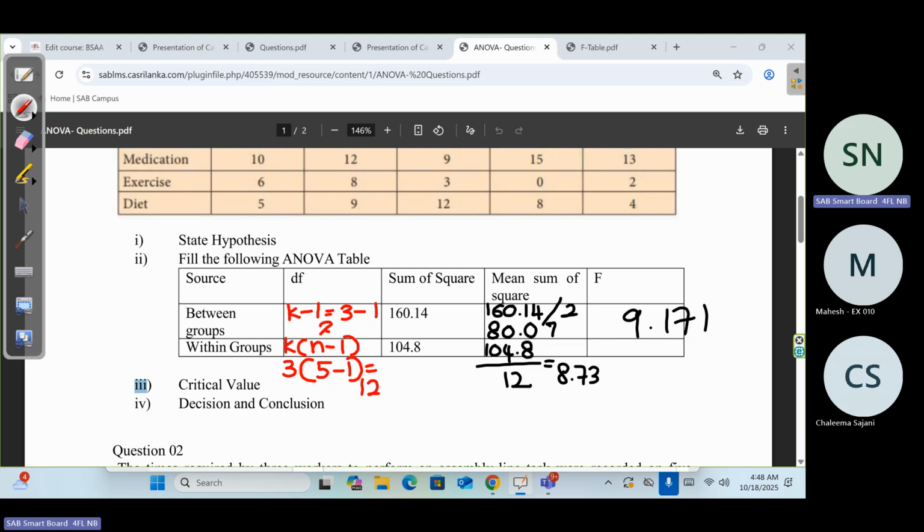Then you can get the F value. It's clear?